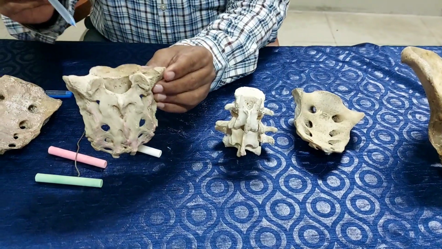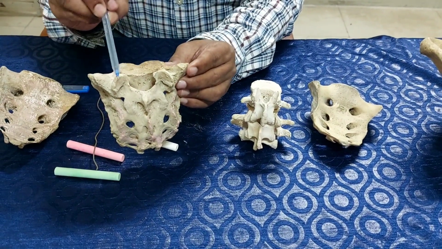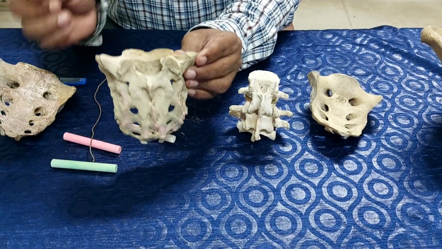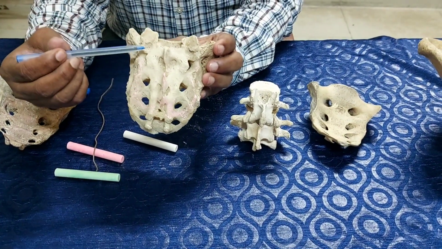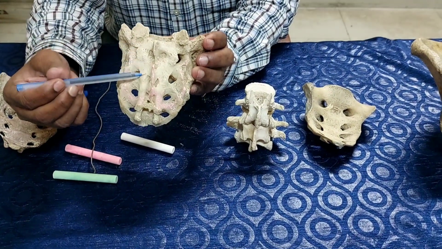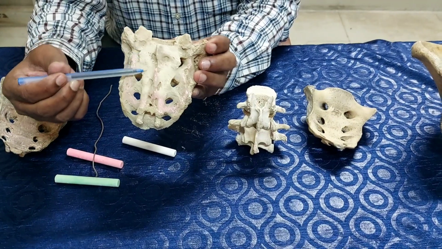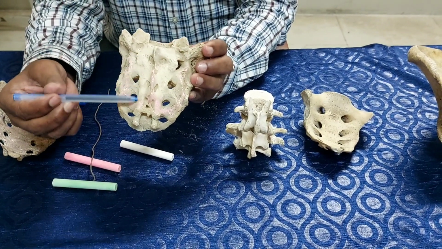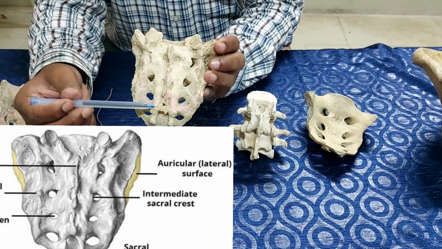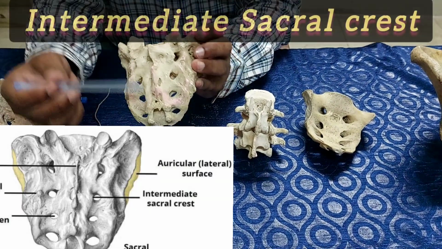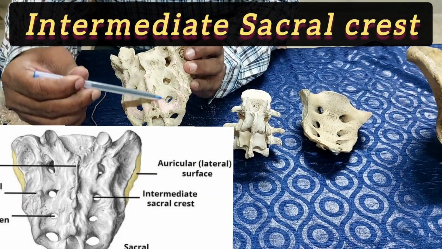Here also these two are the superior articular processes of the first sacral vertebra. But below this, the inferior articular processes of the first sacral vertebra and other sacral vertebra are fused to form an elevated vertical ridge called the intermediate sacral crest, this one, and on this side this one.